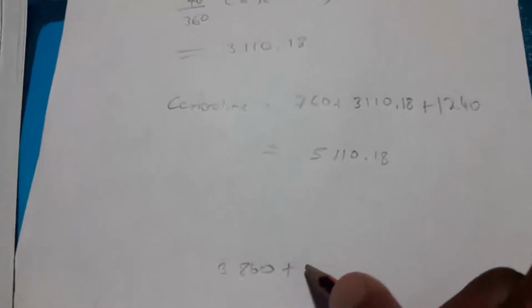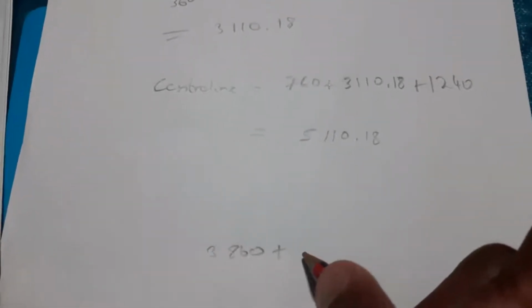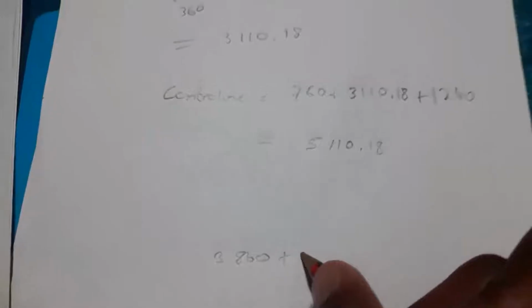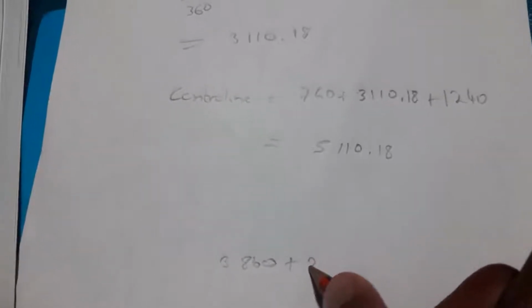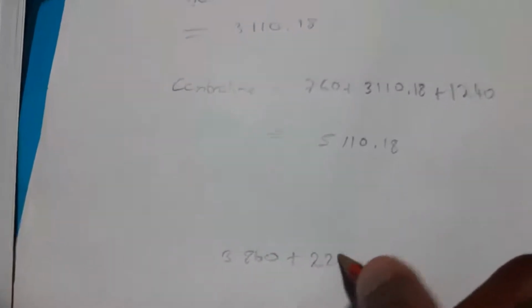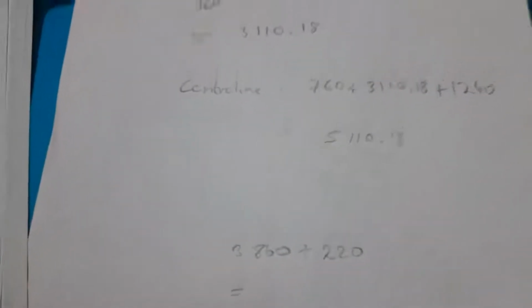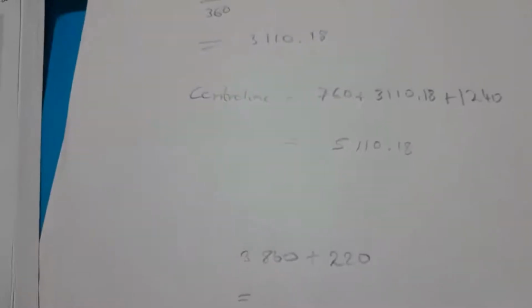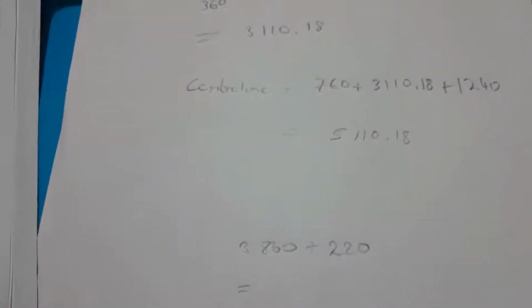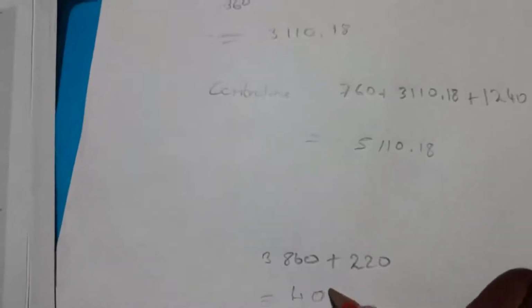There you'll add 220. You'll add 220. So the radius will be at the outer face of the wall. So that answer will be 4080.